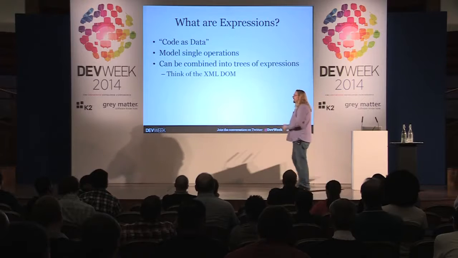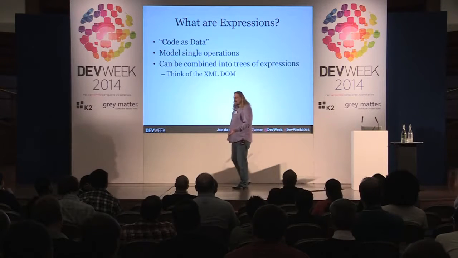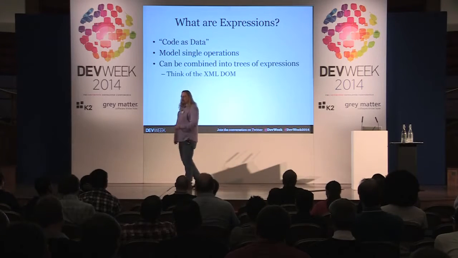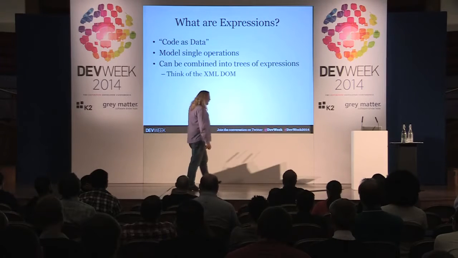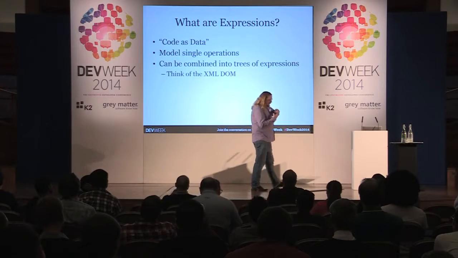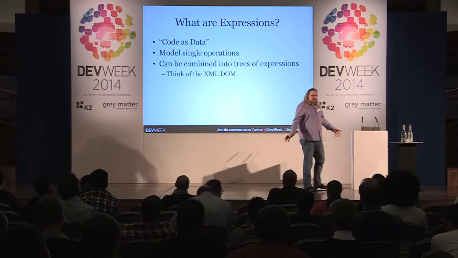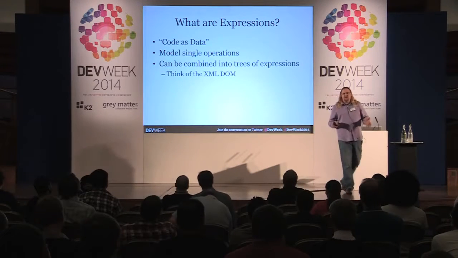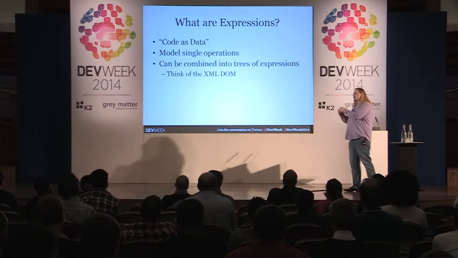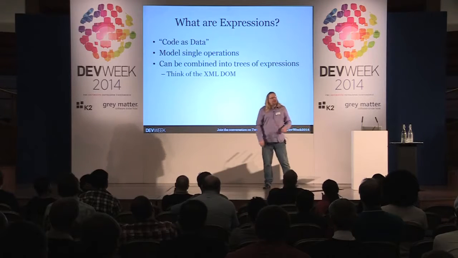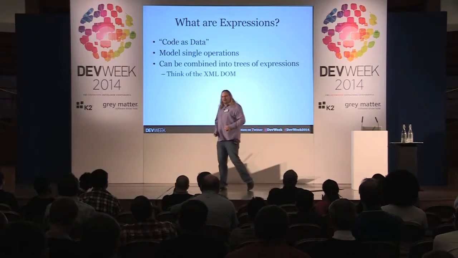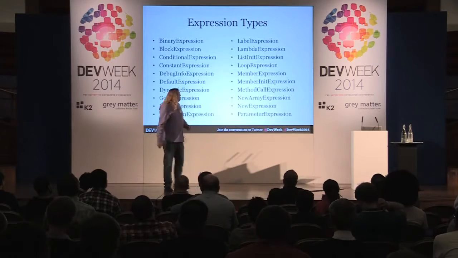Everything in the XML DOM is an XML element of some form, or an XElement if we're now dealing with XDocument. But they can be combined to produce much larger constructs. And so again, expressions are the same thing. Start very small, but you can build them up into larger trees. Hence the name of the talk, which was growing configurable software with expression trees.